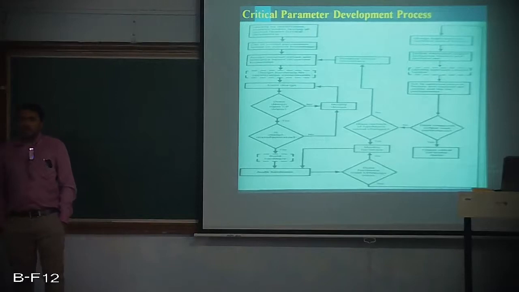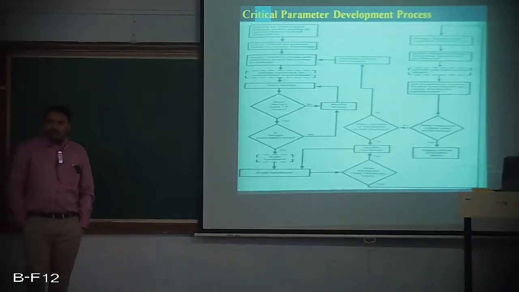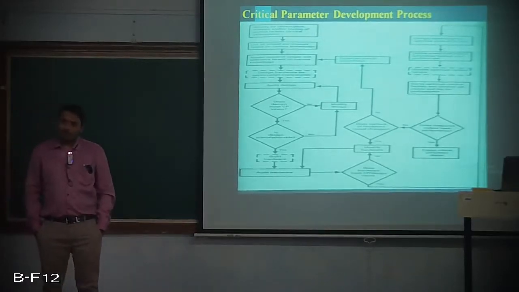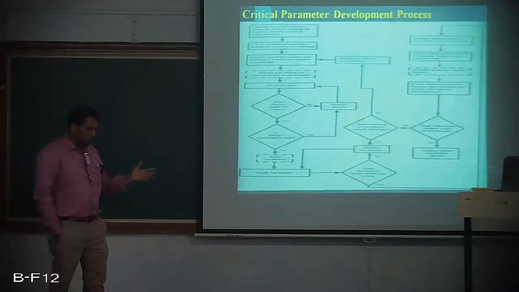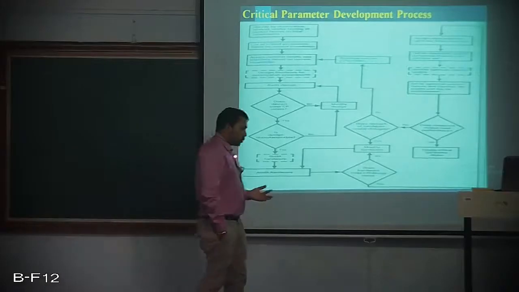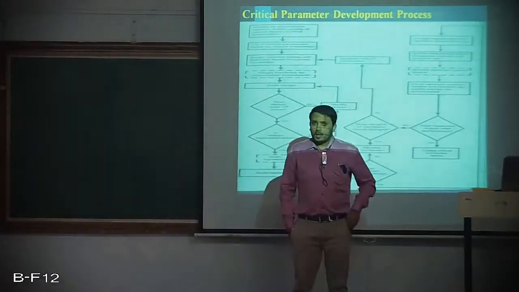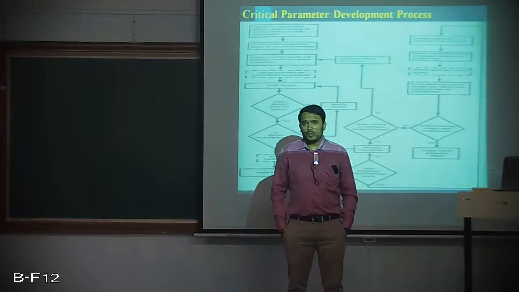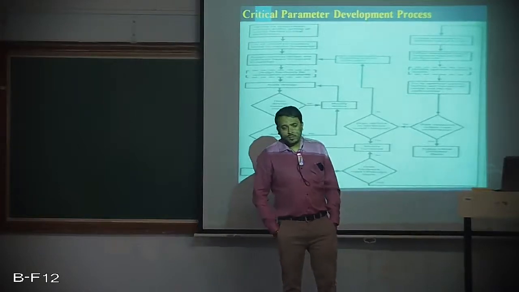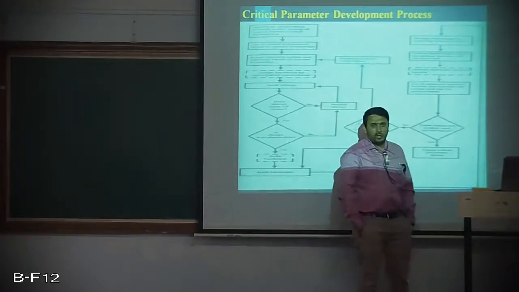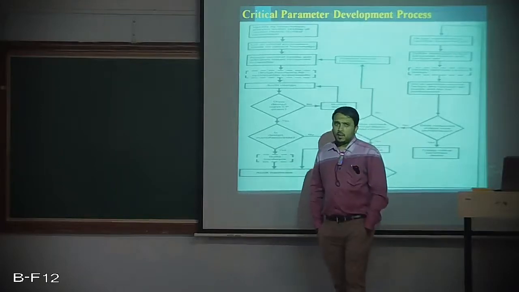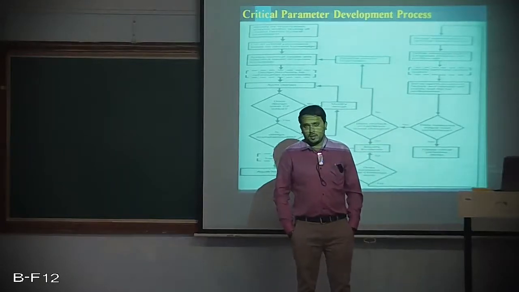If the process is meeting the requirements, then you need to freeze the critical parameters. If you find that the test results are not meeting the specific requirements, then you need to change the critical parameters. Then again you need to do the process starting from the first point, that means assigning the nominal values, and then again audit, design, etc.